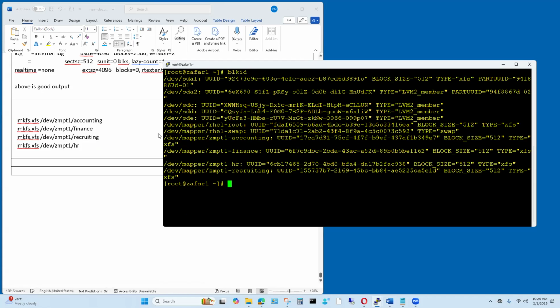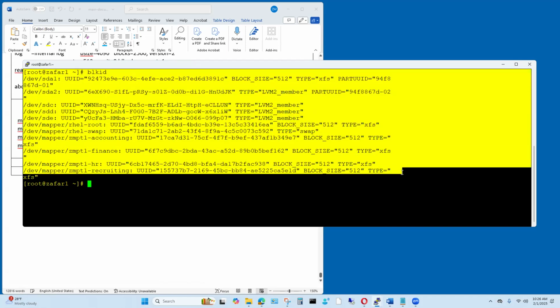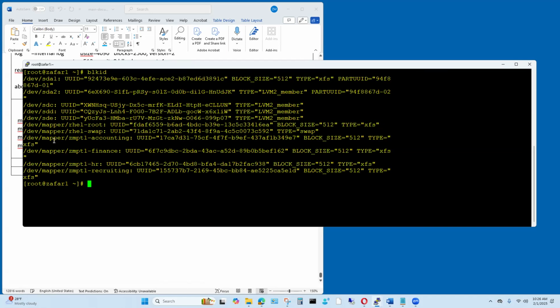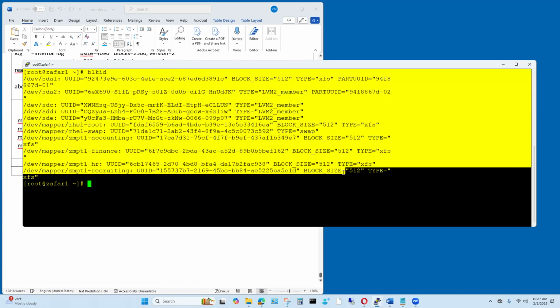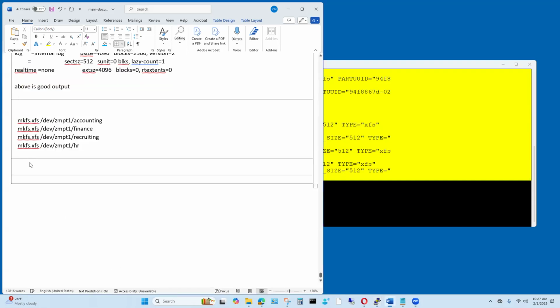Now you see this here, informational. Earlier you weren't seeing this. Now you're seeing dev mapper and all this stuff. It's formatted. You see for finance dev, and then the UUID was there, and the type is XFS file system. You could run this command and find out if it's an XFS file system or something else.